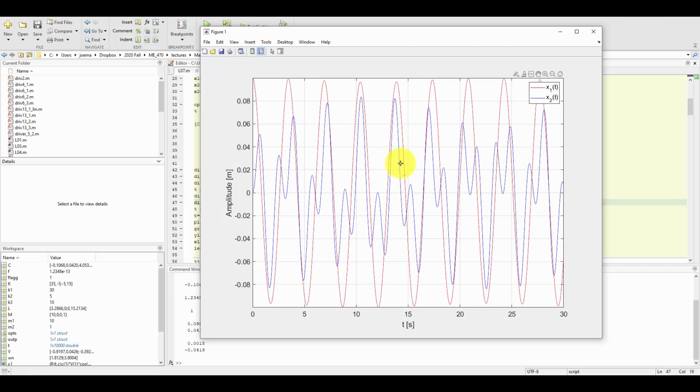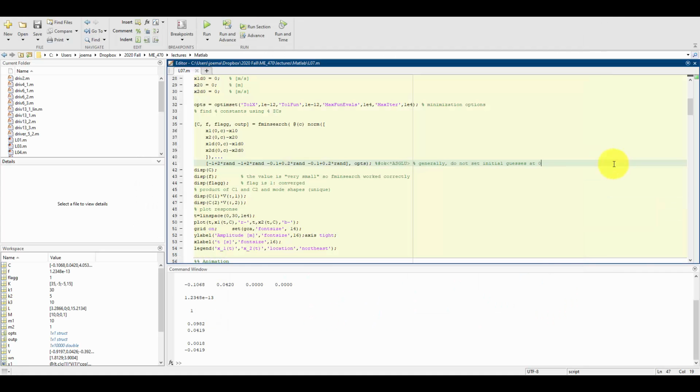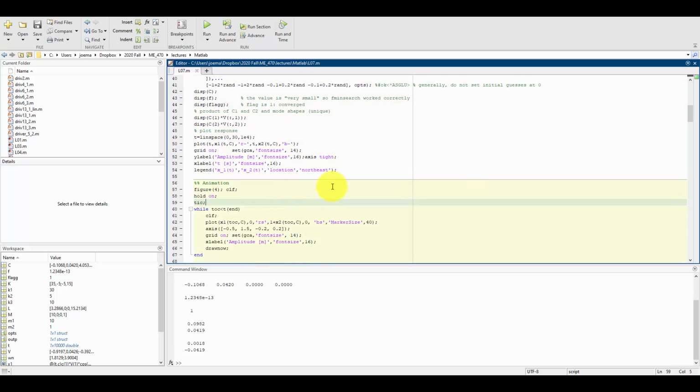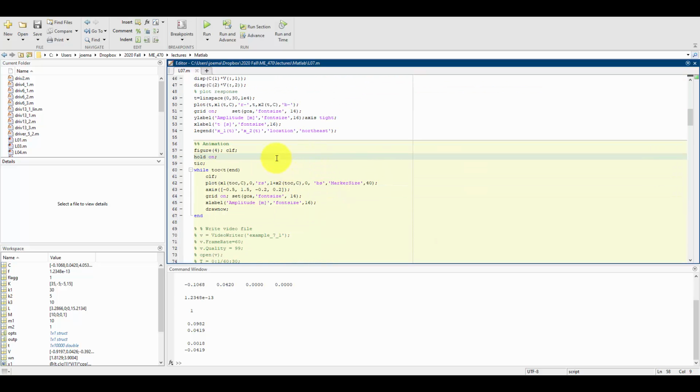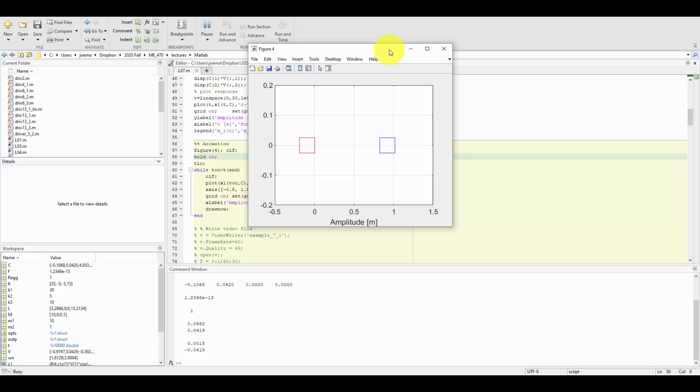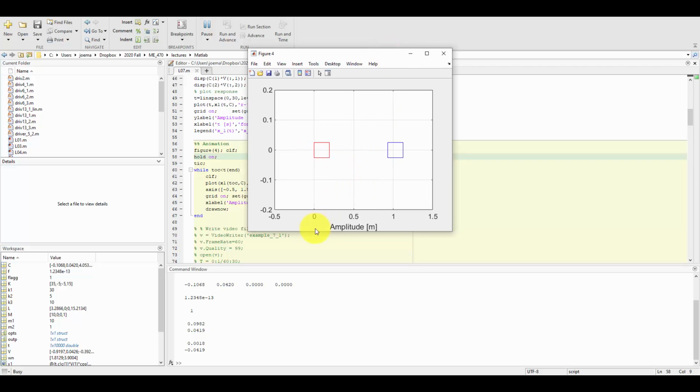So as the time trajectory, that's what we're seeing, but let's visualize it also in animation. So here I have x1 as the red square and x2 as the blue square. And I just put it so that they were 1 meter apart just so we could visualize how they are oscillating together.